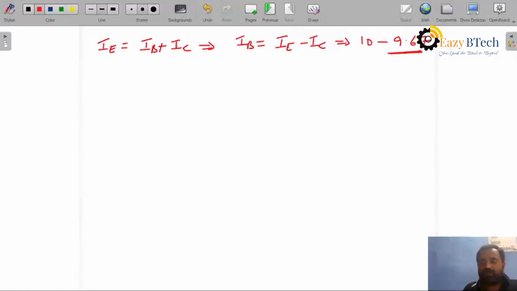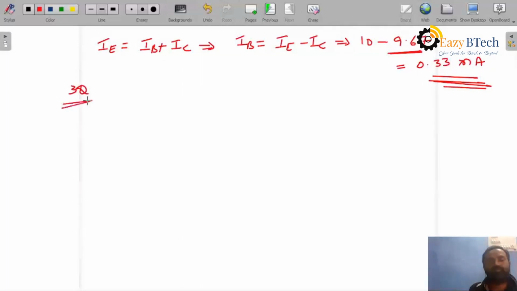You will get the value 0.33 milliamperes. This is the value. Like that, some simple and small examples are there. You may solve them, okay, students.